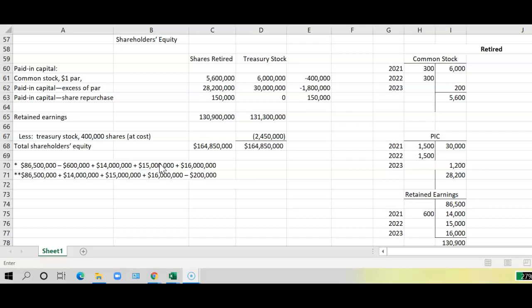However, for the treasury stock, you do not retire the shares by reducing common stock or paid-in capital in excess of par. You actually debit treasury stock, which is increased with a debit, decreased with a credit, and is reported in the equity section of the balance sheet. So whether you retire them or use treasury stock, your stockholders' equity will remain the same.